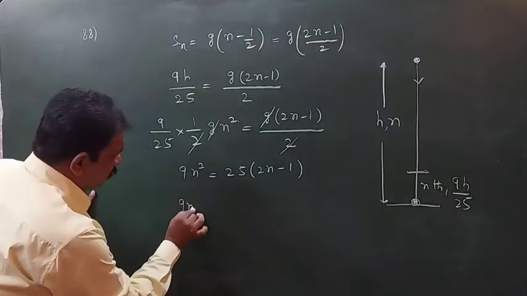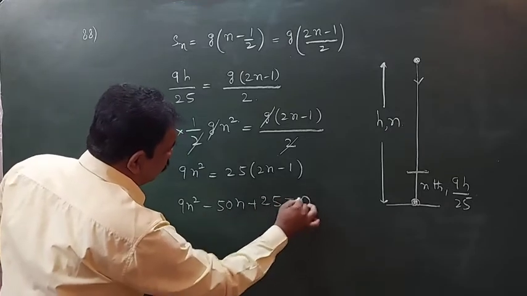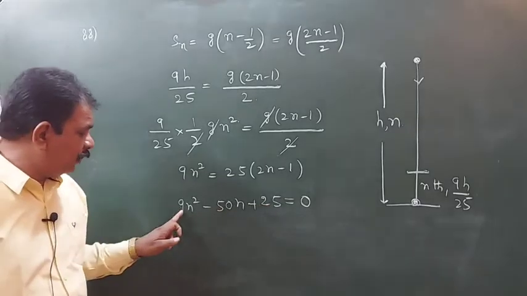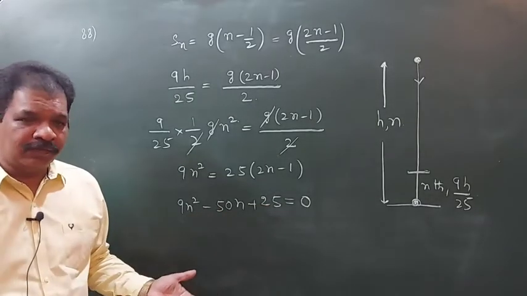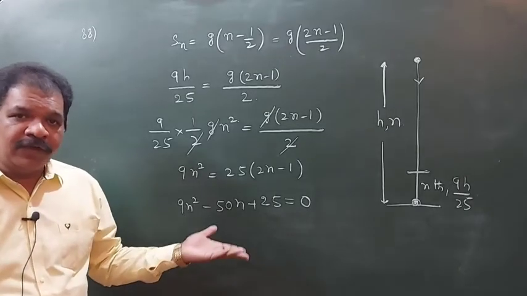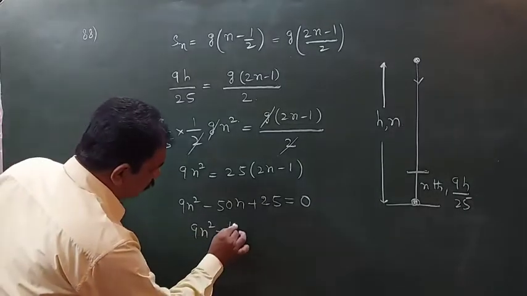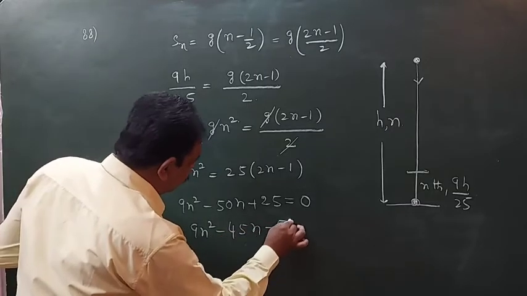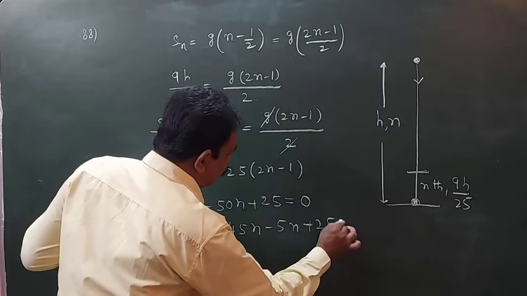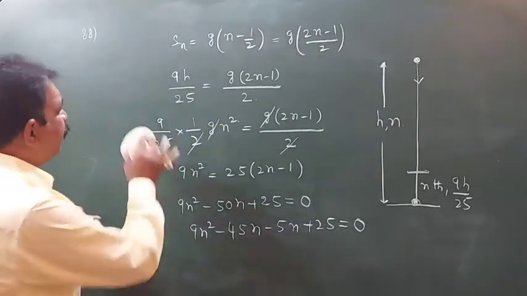So 9n square minus 50n plus 25 is equal to 0. 25 nines means 225. If we write the factors, 45 fives will be 225. So 9n square minus 45n minus 5n plus 25 is equal to 0. Then we will find the n value.